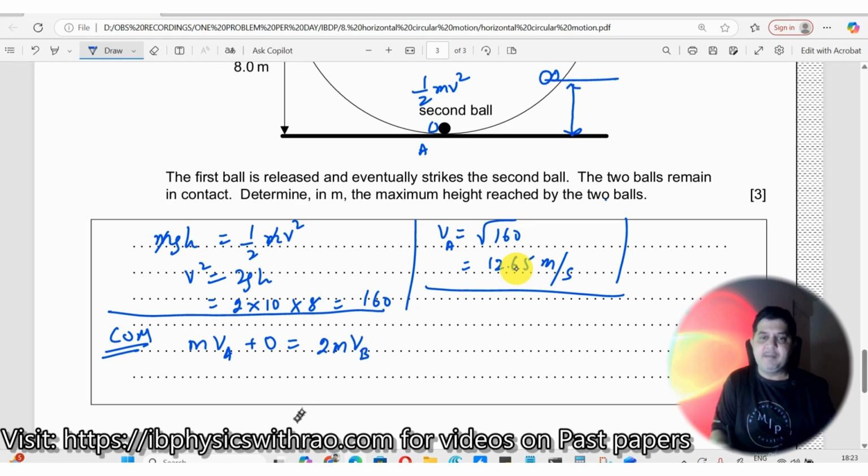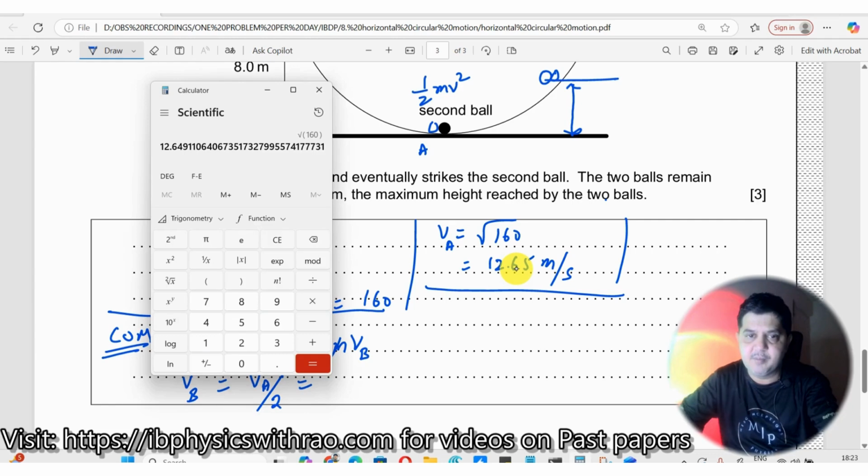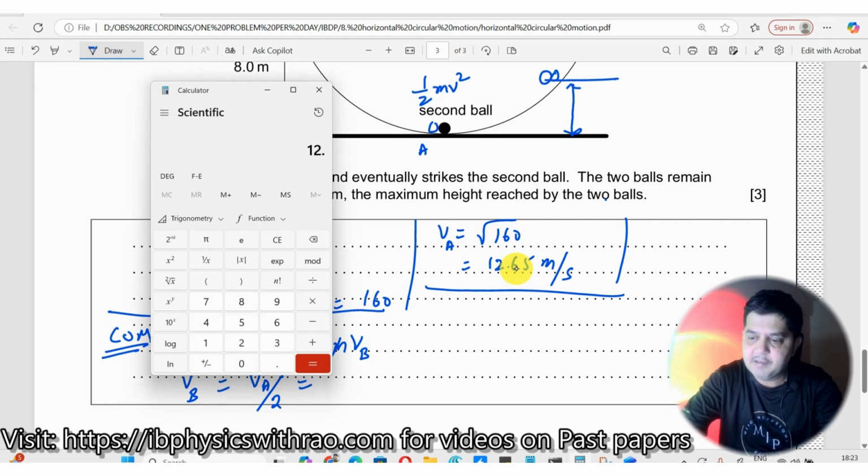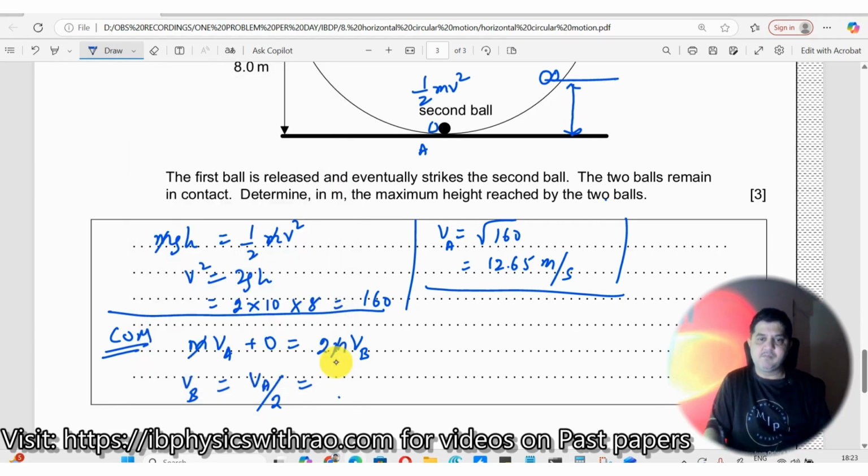Let me call this VB. Now this m and this m go away. So VB will be equal to VA divided by 2, which is 12.65 divided by 2. That will be 6.32 meter per second. This is your VB.